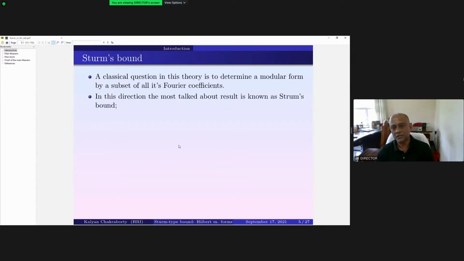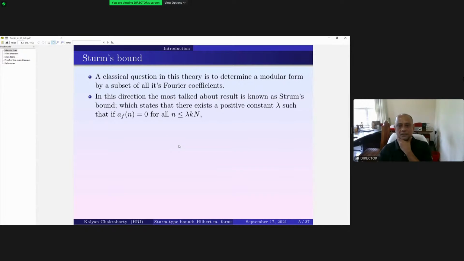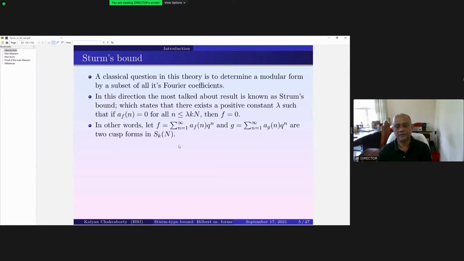In this direction, the most talked about result is the so-called Sturm bound, which states that you have a positive constant lambda such that you have to count only that many coefficients, where k is the weight and N is fixed. If a_f(n) is 0 for all n up to lambda k N, then in fact the form is identically 0.